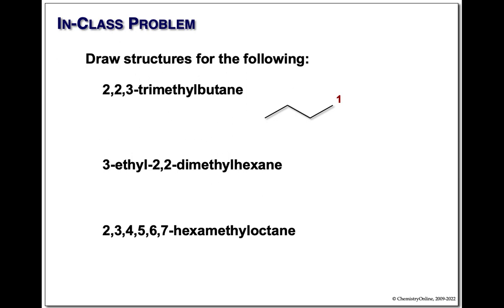So that's here, 1 up, 1 down. Carbon number 3, we have our 3rd methyl. Carbon number 2, 2,2-dimethyl. Carbon number 3, we have another methyl, making it a trimethylbutane.